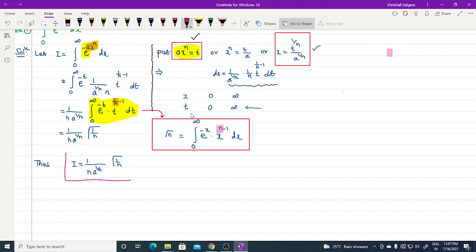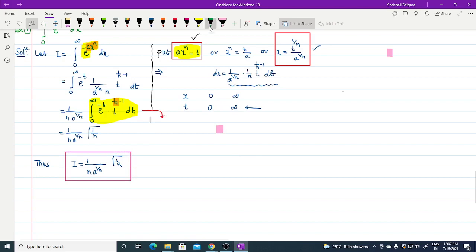Okay. Now I will take a particular example. Suppose the second example. Evaluate the integral from 0 to infinity, e to the power minus x raised to 4 dx.